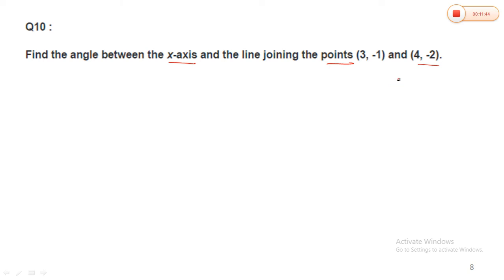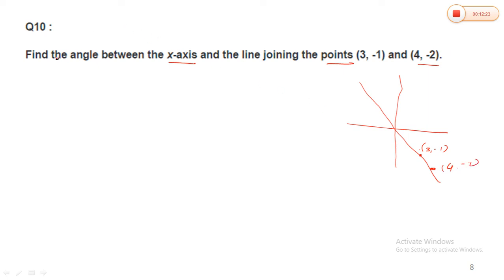So let us try a rough sketch here. 3, minus 1 is somewhere here. 4, minus 2 is somewhere here. So this is the line. It is not perfect, so it may not pass through the origin.